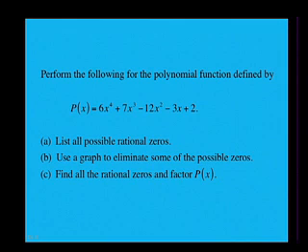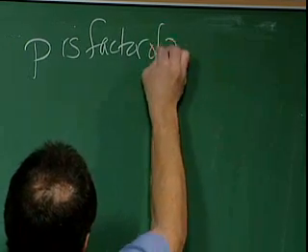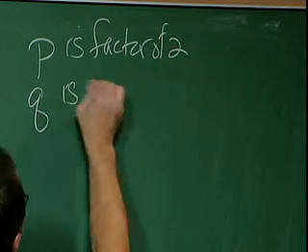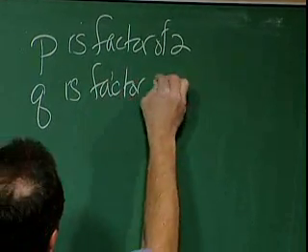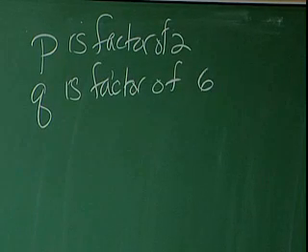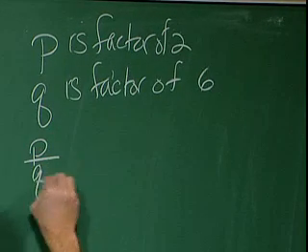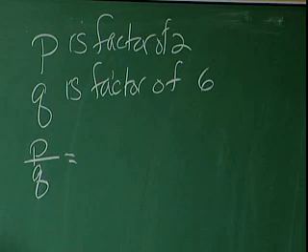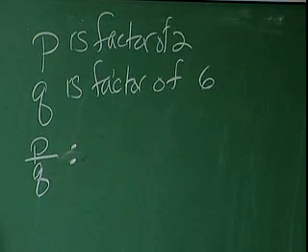Okay, so what we know from the rational zeros theorem is that p is going to be a factor of 2, and that q is a factor of 6, which means p divided by q takes on the following possibilities.